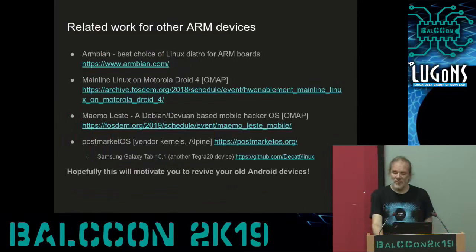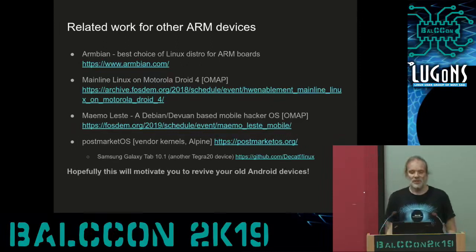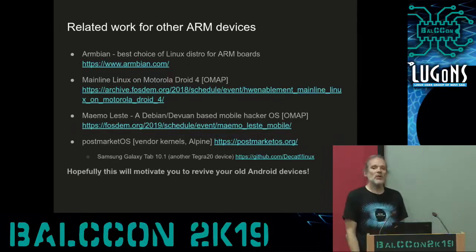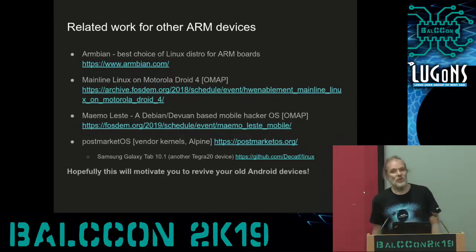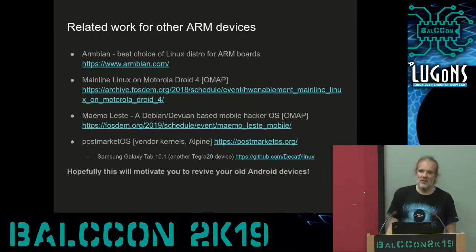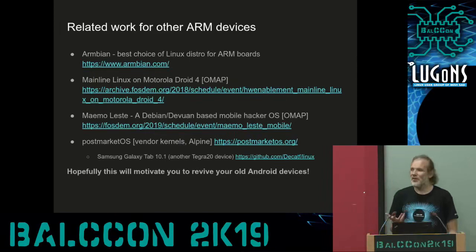If you have some other device other than Allwinner or Rockchip, there is probably a community on the internet which you can turn to for initial help. I have here a few links because I have a few OMAP devices, so I somehow prefer it.